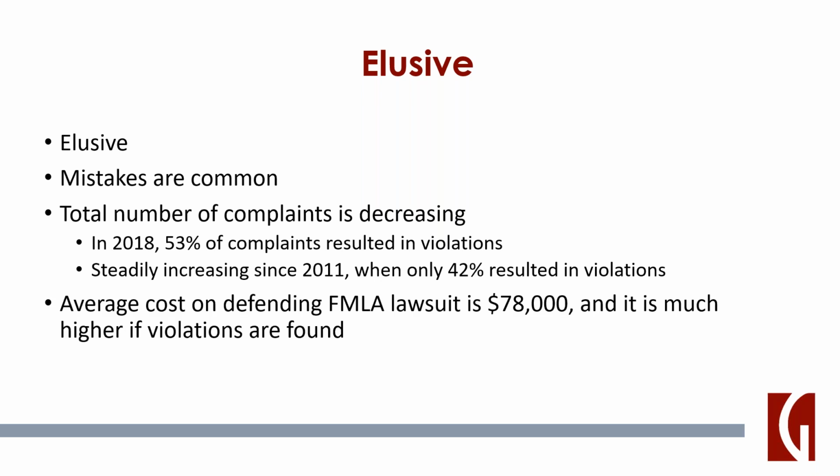And of course, those violations are important because the average cost of defending an FMLA lawsuit is currently estimated to be about $78,000. And that doesn't include the fines and additional risk exposure if there is violation or liability found in a civil lawsuit.